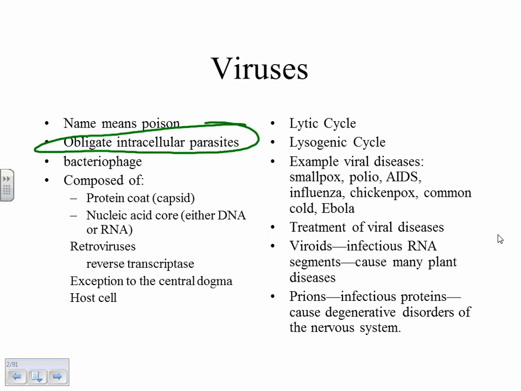One of the main ones is that all living things are made of what? Cells. Viruses don't have cells. Another thing is all living things do metabolism. They use ATP. Viruses don't. They hijack stuff from other cells, but they don't do their own metabolism. And there's lots of other characteristics that viruses really don't have on their own.